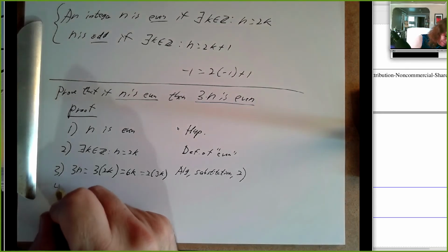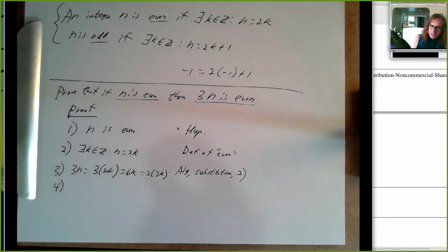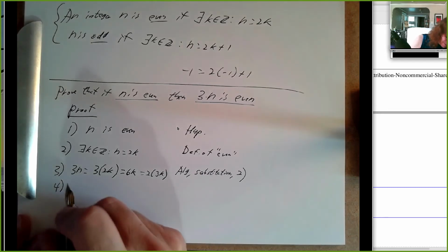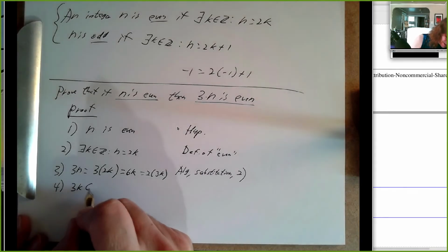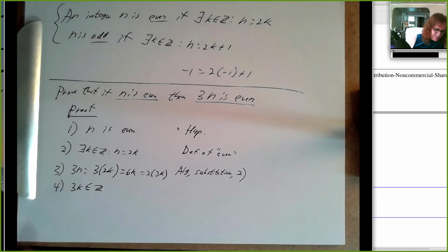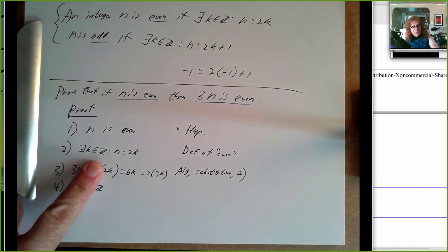Okay, I'm going to make an observation. And this is a little bit sort of overboard on beating the point to death. But for our first few passes through proofs, let's be explicit. I'm going to make the observation that 3k is an integer. Now, how do I know that? k is an integer.